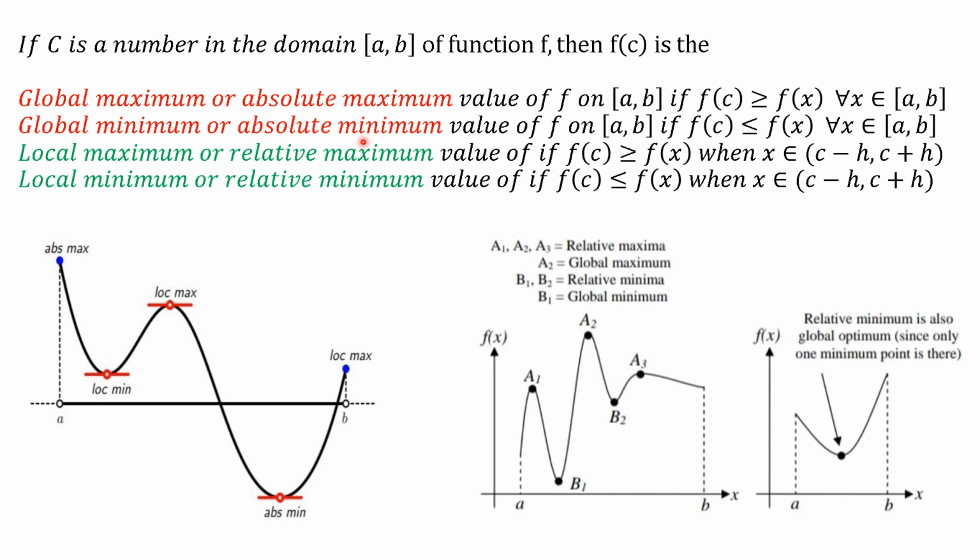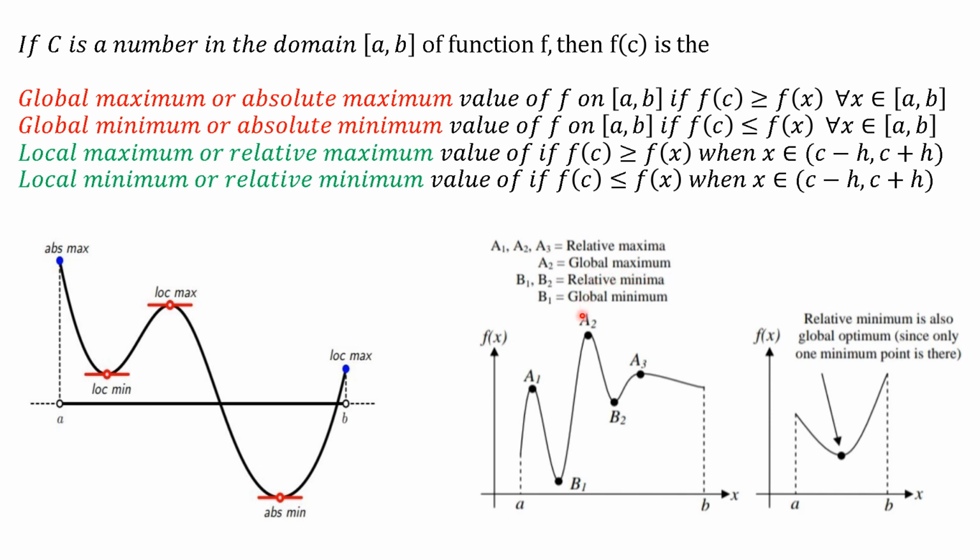Also the global maximum is the local maximum of a particular region. Global minimum is the minimum of minimum values, and global maximum is the maximum of maximum values.